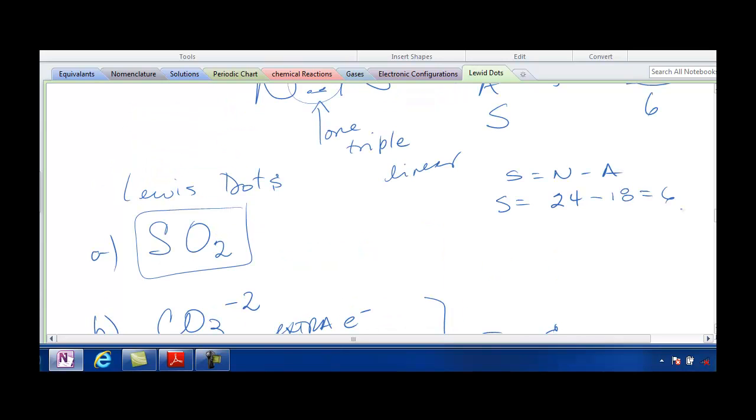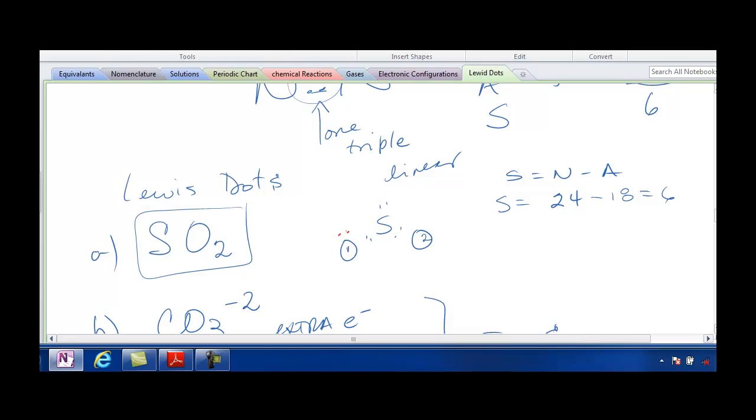I do my Lewis, and I go 1, 2, 3, 4, 5, 6, and then I put my 2 oxygens. My oxygen number 1 or my oxygen number 2. I'll just go ahead and do Lewis really quick.